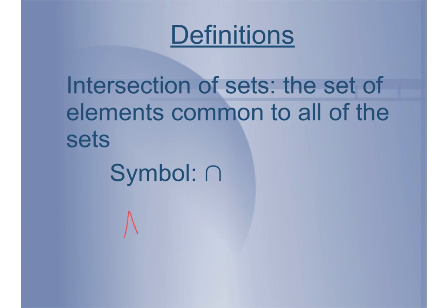So once again, if I were to say A intersect B, and I were to take those same two sets that I just had prior to this, A was 1, 2, 4, and 7.